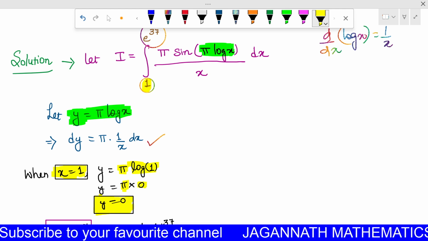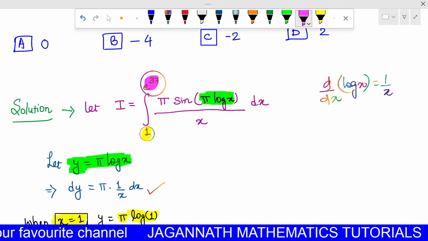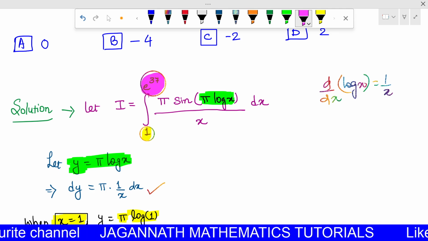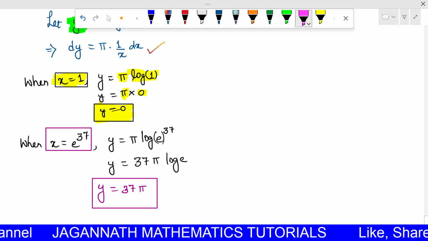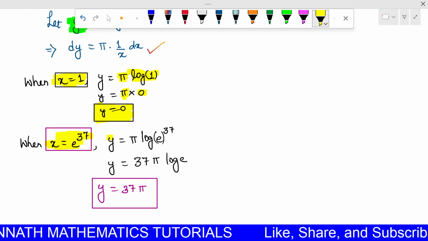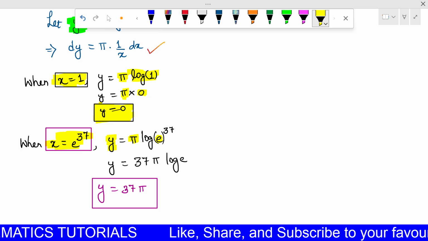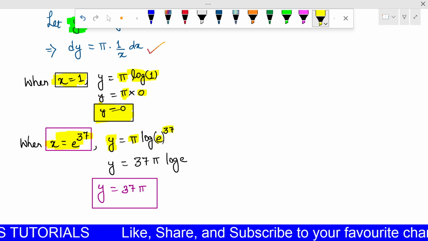Next, when x is equal to e to the power 37, then y is equal to pi, and in place of x we will put e raised to the power 37.